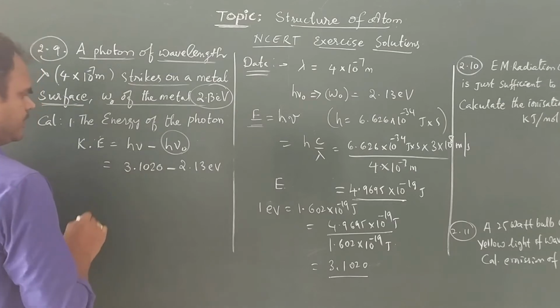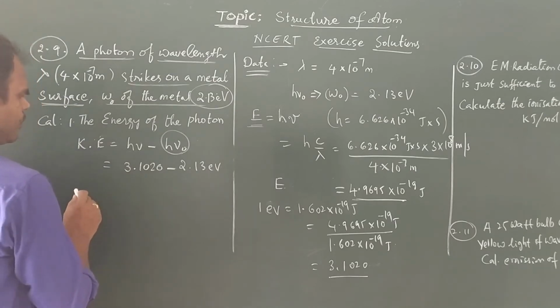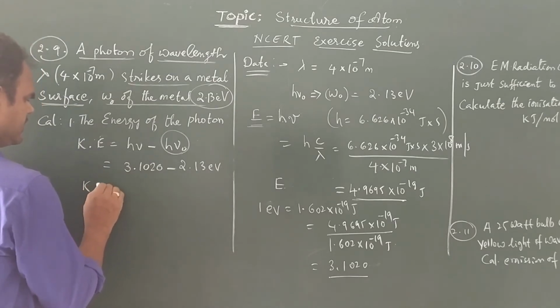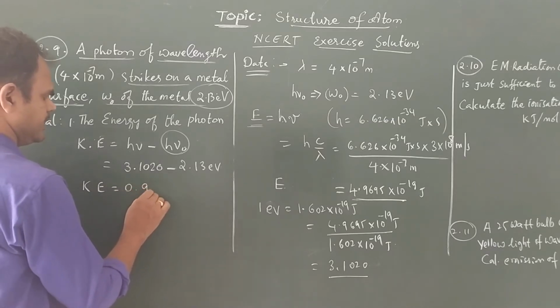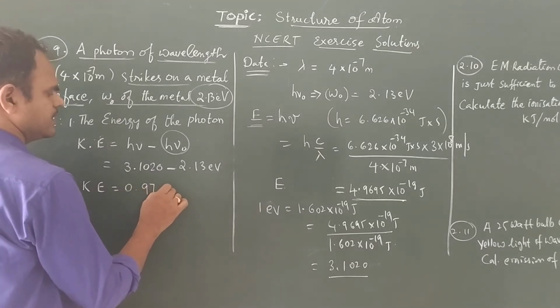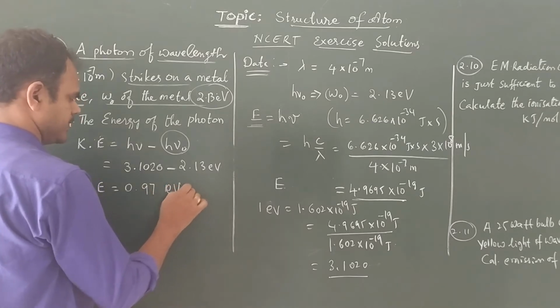So the kinetic energy comes to around 0.97 electron volts.